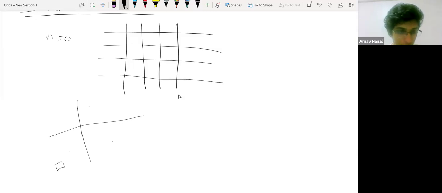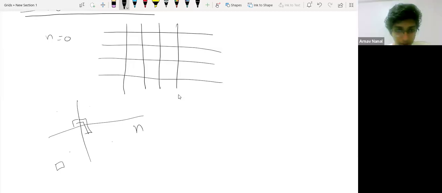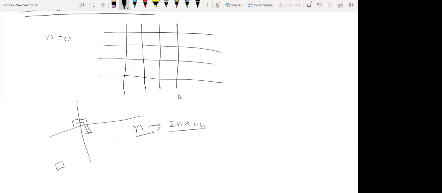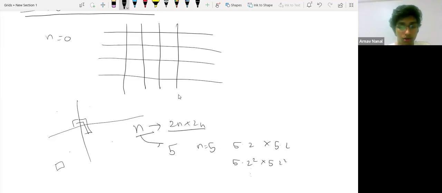You just leave this corner square and take these corner squares here and tile them using a tromino. This is your argument. So from n, you can go to 2n cross 2n. If you show it for n equal to 5, then you can go from 5 to 5 times 2 cross 5 times 2, and then to 5 times 2 squared cross 5 times 2 squared. So by induction, you are done.